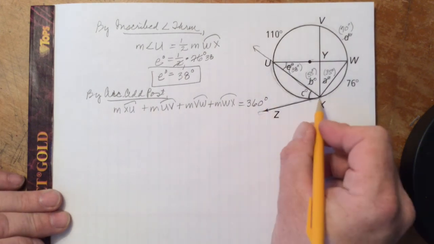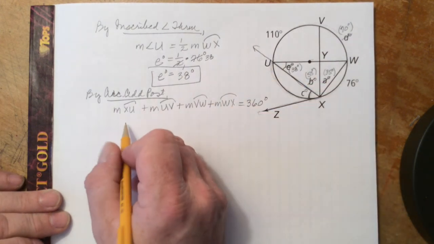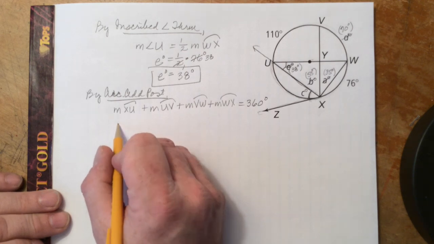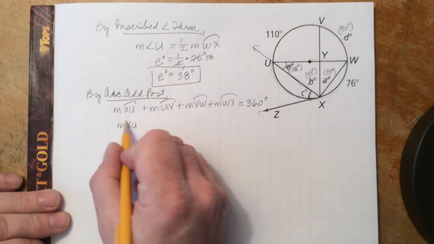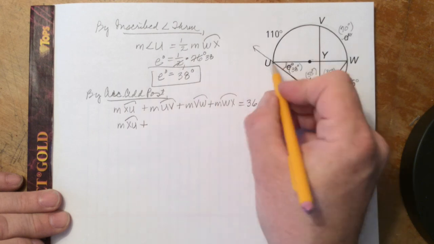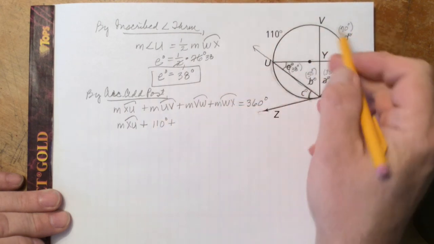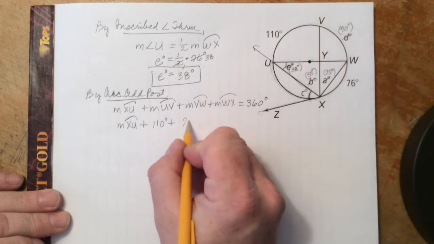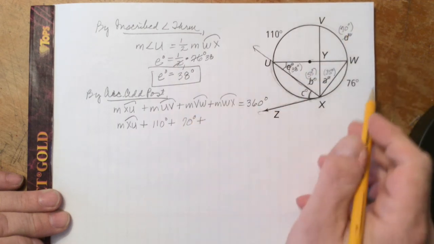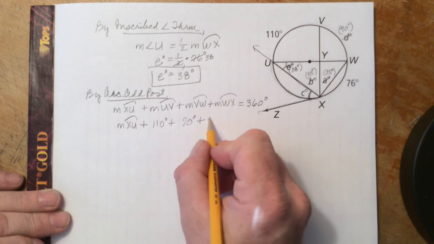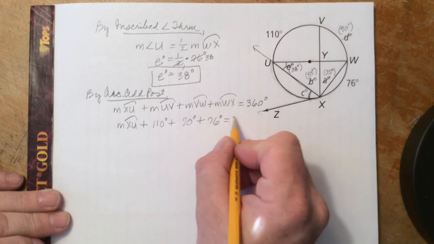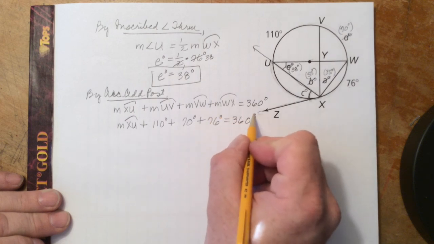Substituting in what we know, of course this is what we're looking for to go on with the problem. So the measure of arc XU plus the measure of arc UV is 110 degrees plus the measure of arc VW is 70 degrees plus the measure of arc WX that they gave us is 76 degrees equals 360 degrees.